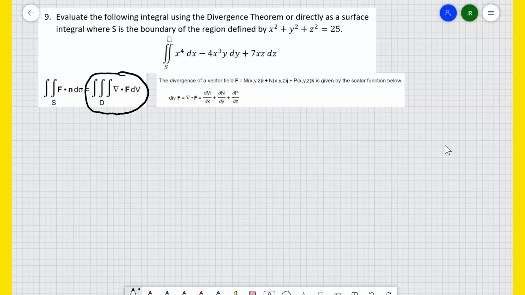Now F, what is F? It's this function right here.